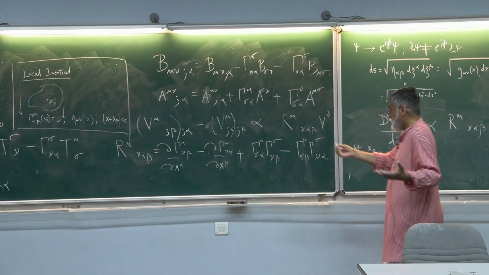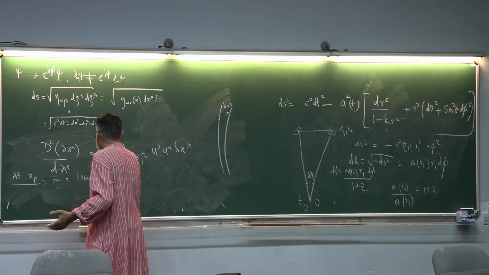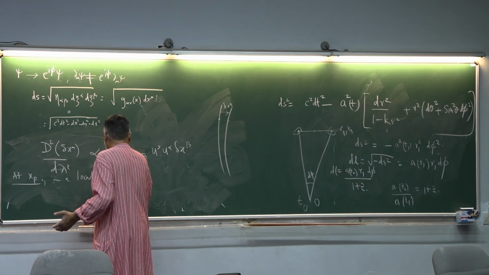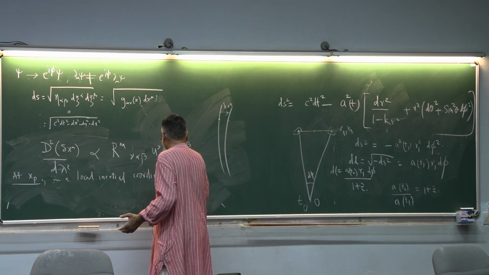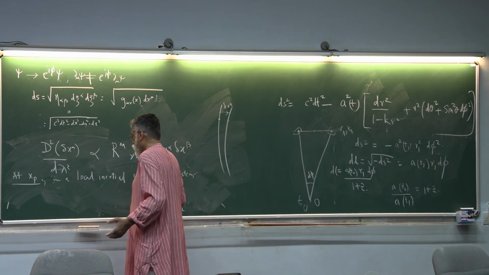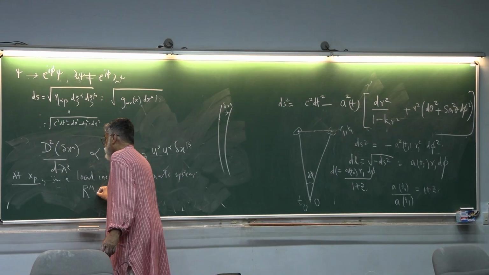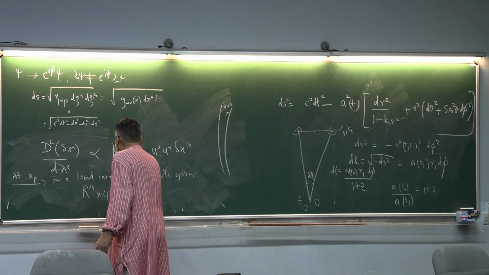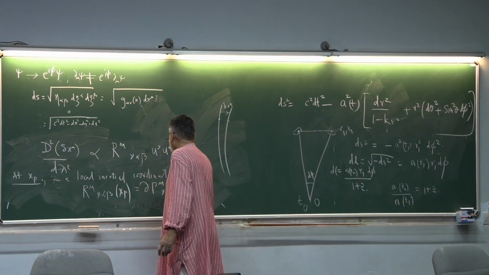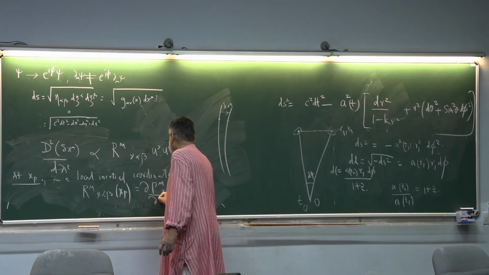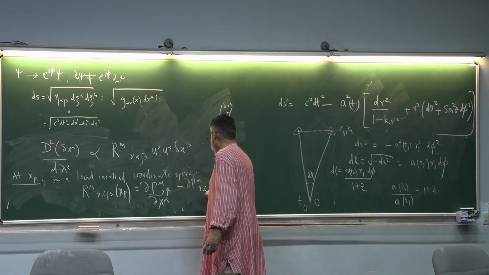And it's a tensor. So you're at xp in a local inertial coordinate system, and your Riemann curvature tensor at point P is just del gamma mu nu beta by del x alpha minus del gamma mu nu alpha by del x beta.